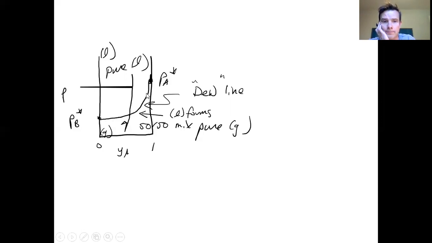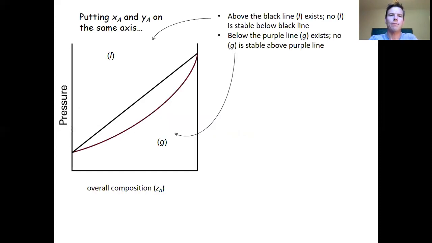One last point. I've talked about the liquid phase and the gas phase separately, but in fact, you can combine them onto one plot. So I can put XA and YA on the same axis, and it looks like this. Pressure versus the overall composition.